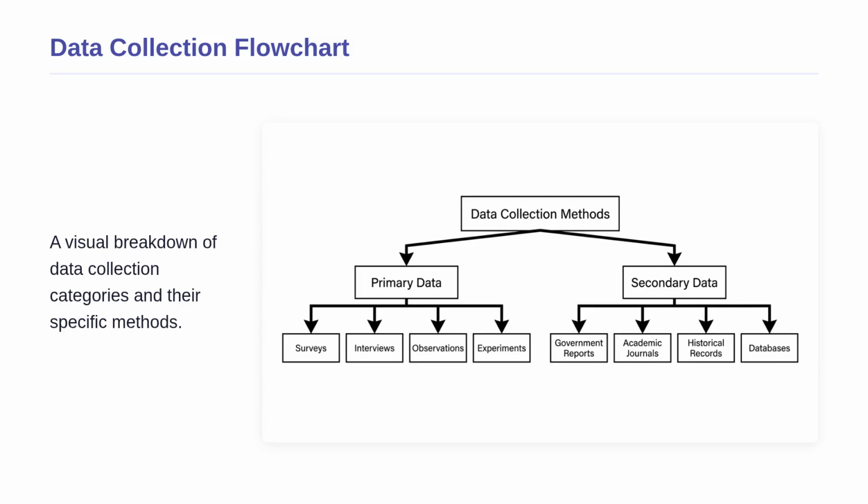On the right, the secondary data branch flows into sources where the data already exists: government reports, academic journals, historical records, and databases. This diagram serves as a mental map, helping you quickly identify which tools belong to which research approach.